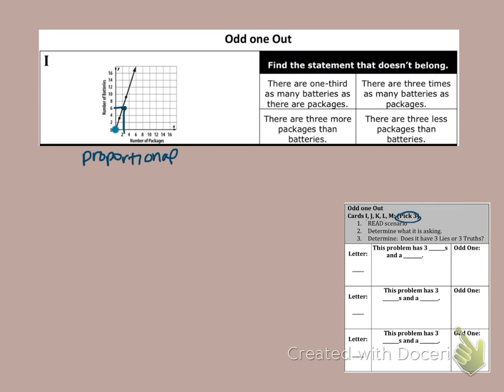So 2 packages, there are 6 batteries. 2 packages over 6 batteries. Okay, so there are 1/3 as many batteries as there are packages. So if we simplify this, 2 divided by 2 is 1, and 6 divided by 2 is 3.